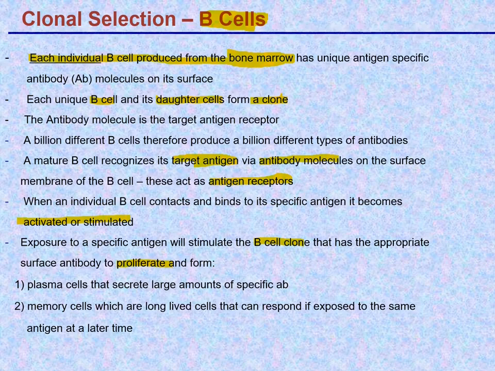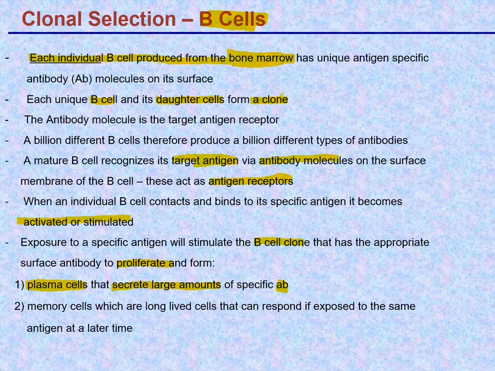The new daughter cells will go on to form two different types of cells. Most of them will form into plasma cells. A plasma cell is a B cell that's been activated, gets bigger, and can produce a lot of antibody protein. It can produce really incredible amounts of antibody. So it's a protein factory putting out lots of antibody.